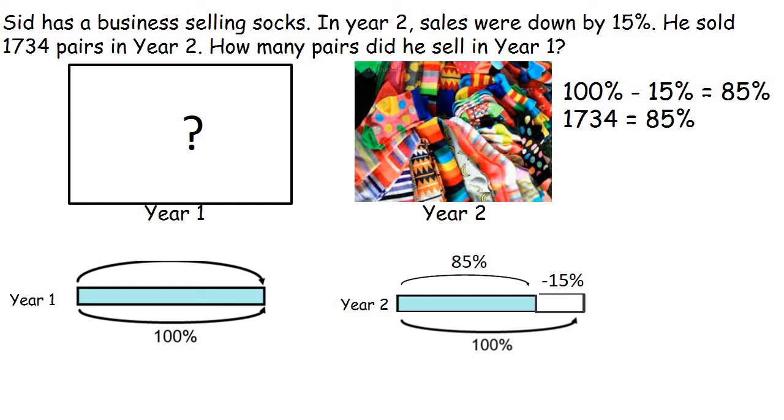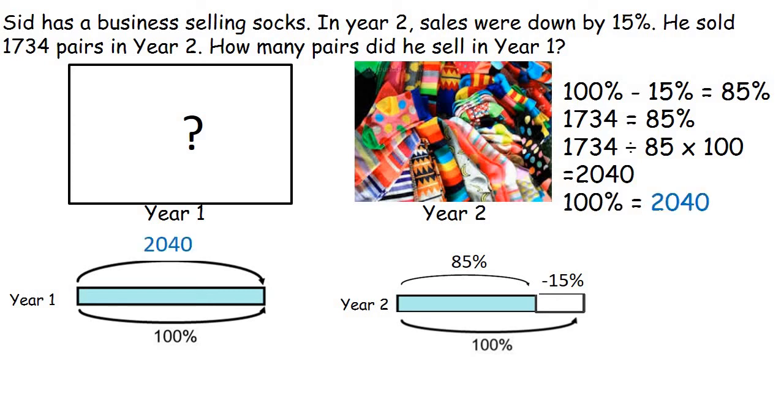The difference here is because the percentage was a decrease, we take it away rather than adding it on. Then we divide by the new percentage, multiply by 100, which gives us 2,040 pairs of socks.